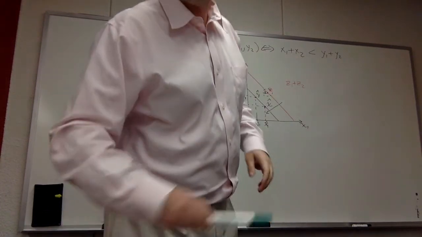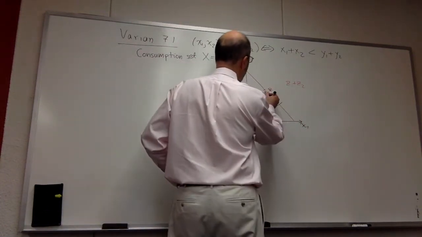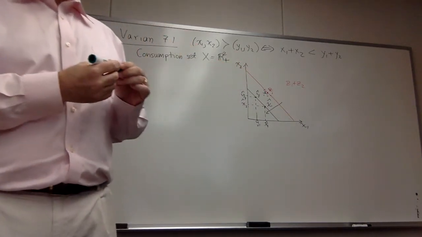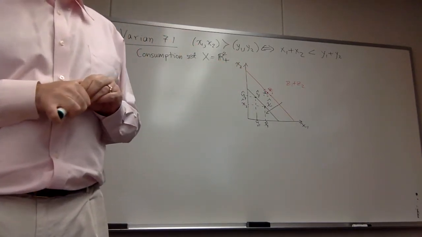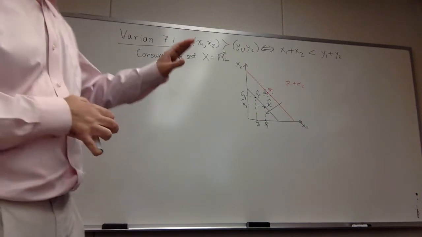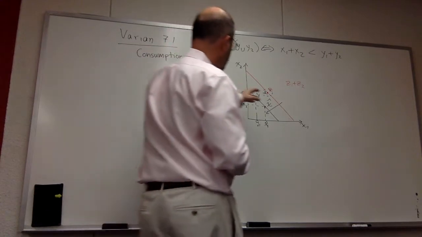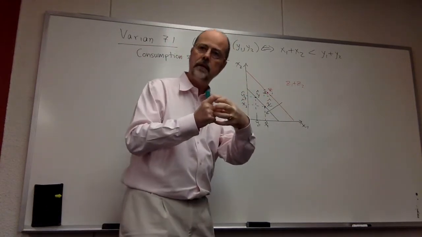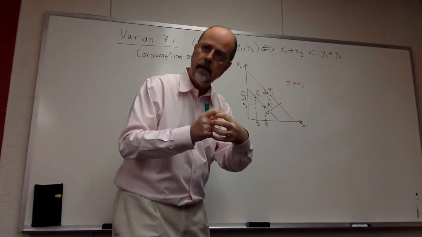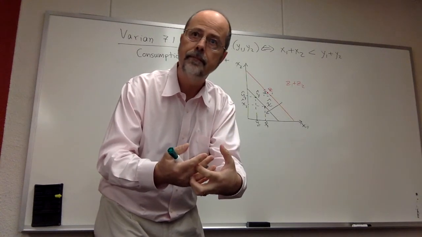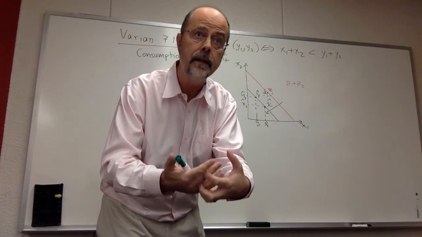The answer is, I hope, obvious. Anything below the red indifference curve is going to serve just fine. Yes? So the green dot indicates that I found something within epsilon distance of Z that is preferred to Z. Do we agree? Does it make sense for everybody?